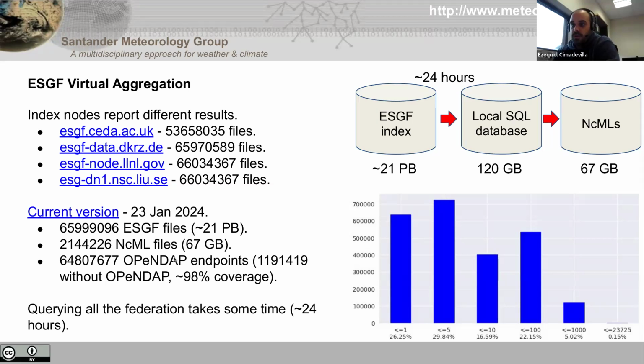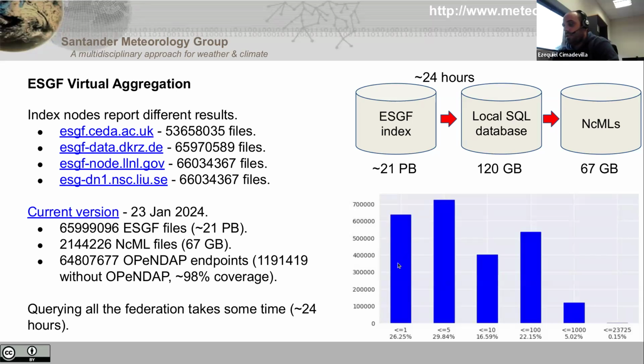Now, not all of the files from the ESGF provide OPeNDAP endpoints, but most of them do. So there are 1 million files excluded because they do not provide OPeNDAP access, but most of the files provide OPeNDAP. And you can see here in this graphic how the NetCDF files are distributed in the NCMLs.